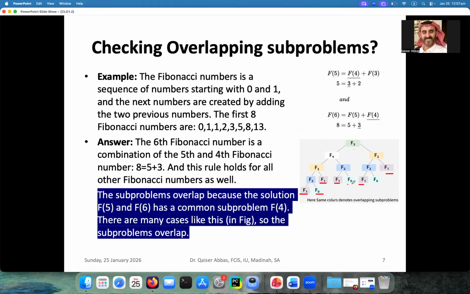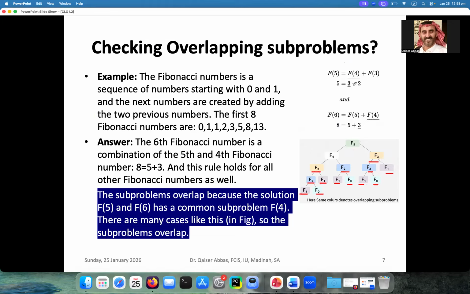Similarly, F0 is repeated 3 times. Similarly, F2. Similarly, F3. So most of the nodes are repeated in this small tree. So you have to identify this property, which is called overlapping.